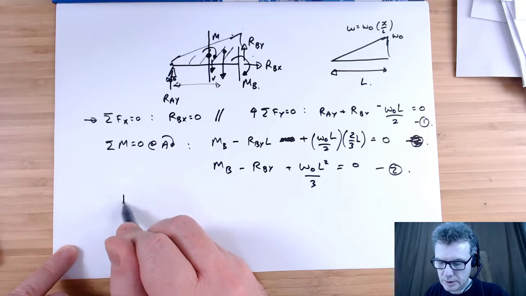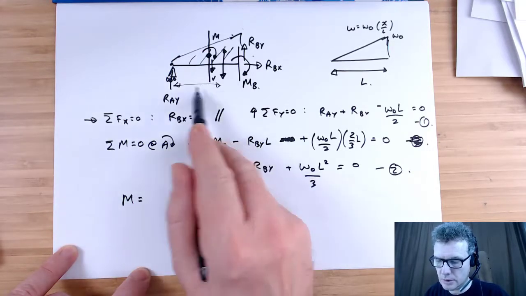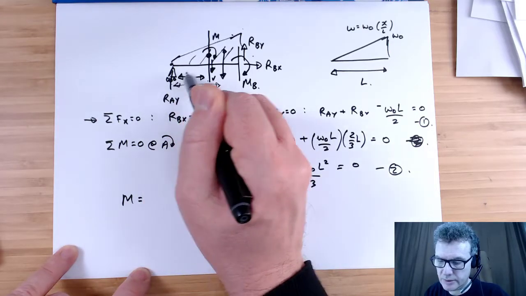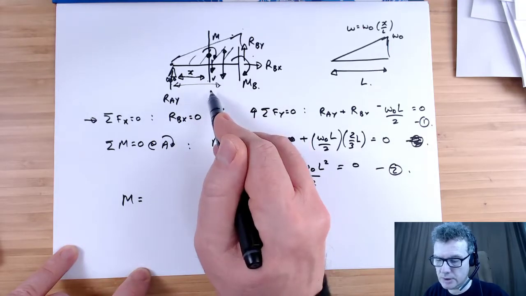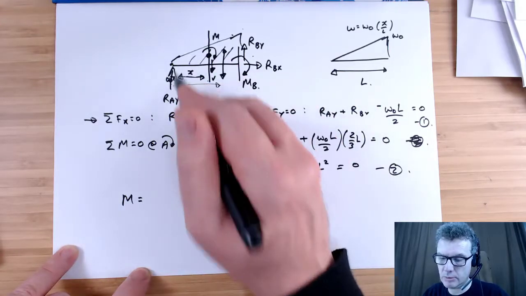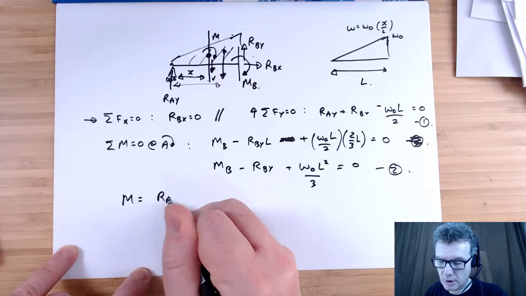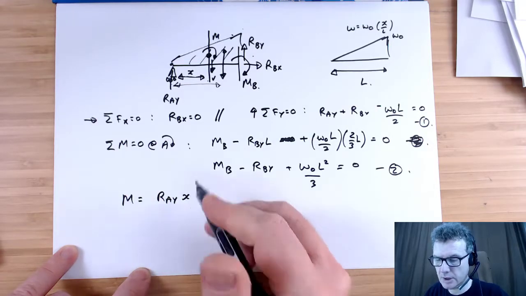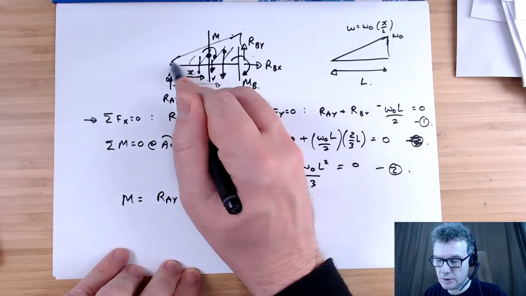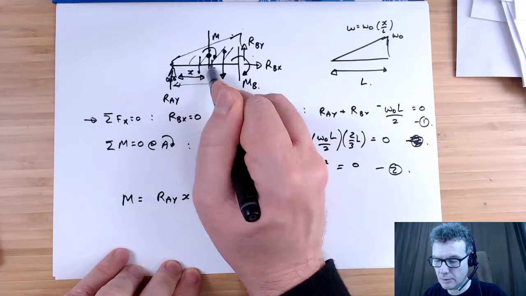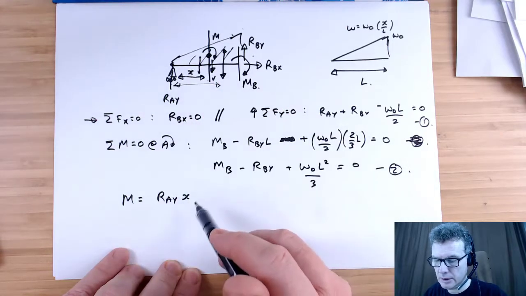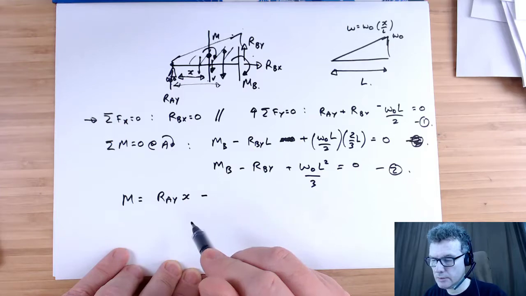Probably yes. So M is going to equal this thing here from there to there, so this will be an arbitrary distance x where I've made my cut, and I'm going to go clockwise, so that would be positive, so RAY times x, and this weight, which will be 2/3 from here, so this total distance will be 2/3 to get to there, so that's a minus.